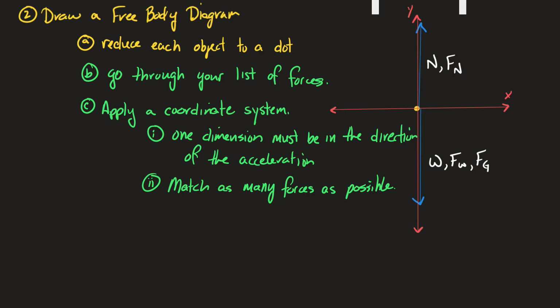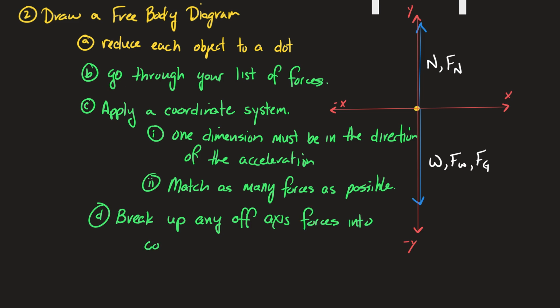When you're putting your coordinate system on there, you are deciding what direction you're going to call positive and negative. Do so right there on your coordinate system. Next, you're going to break up any off-axis forces into components.